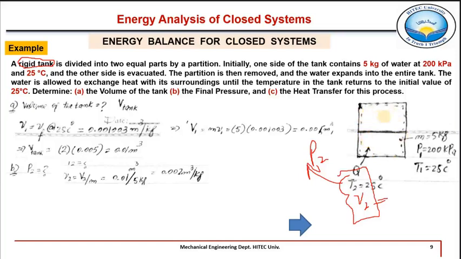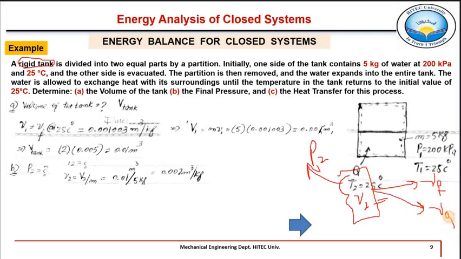Is it still in the liquid region, or when it has expanded in the entire tank, maybe all of the water is evaporated, then it would be in the superheated region, or it is in the mixture region. So now with the help of this v2, because now what is known for point 2 is specific volume, and temperature, at this temperature we can find out from the saturated table what is Vf and Vg.